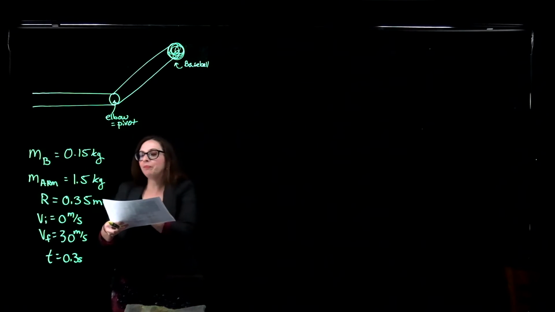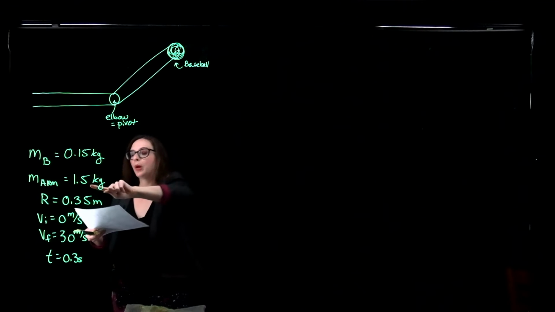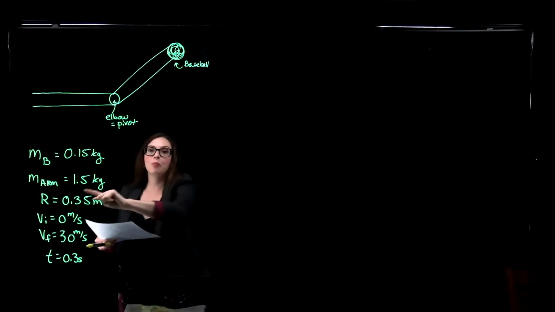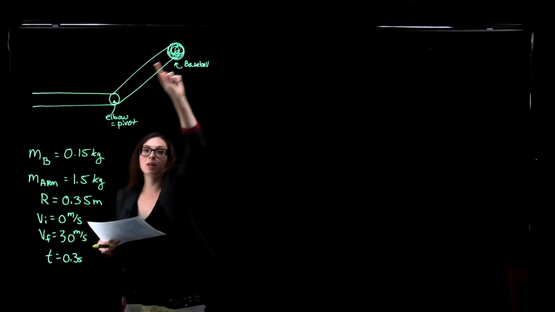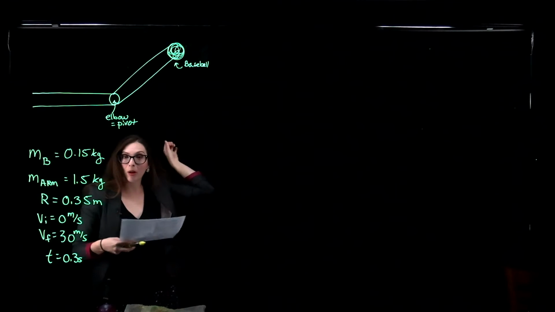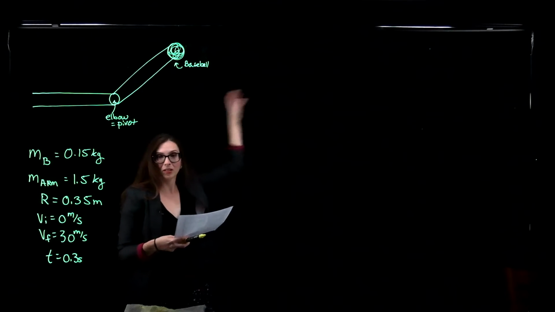And so we have a forearm right here with a mass of 1.5 kilograms, and it has a length of 0.35 meters. Okay, so this is going to be the arm around which we're pivoting with our elbow in order to have that baseball in our hand and toss it like this, okay?